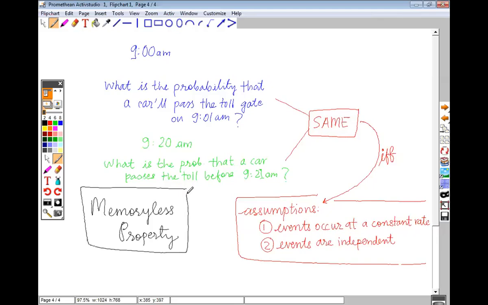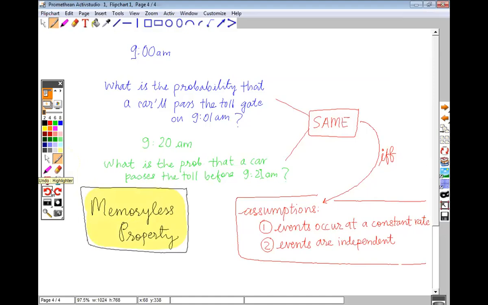Do you guys know any other distribution which has memoryless property? Geometric distribution, yes, that is absolutely correct. Any other distribution? Negative binomial, I guess. Negative binomial, you guess. Okay.